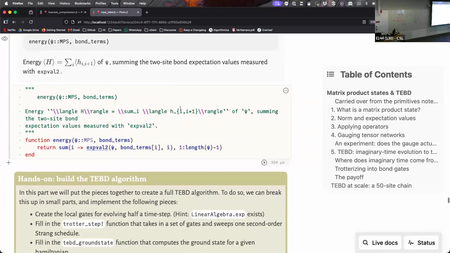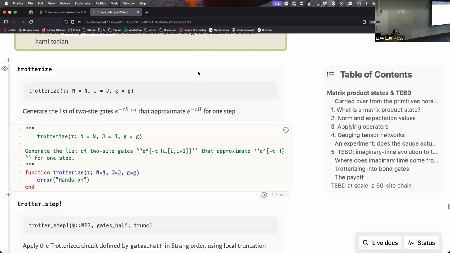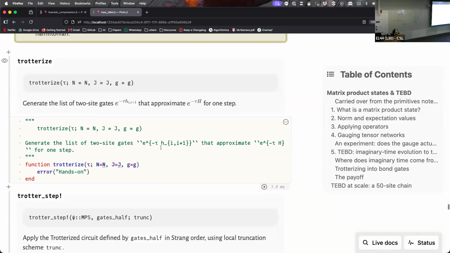So then I can define the energy, which we will use later. So first things first, we'll trotterize our Hamiltonian by building the small exponentials of every single one of these terms.